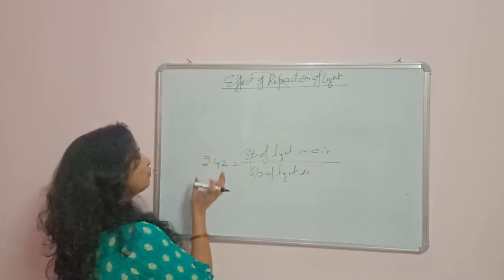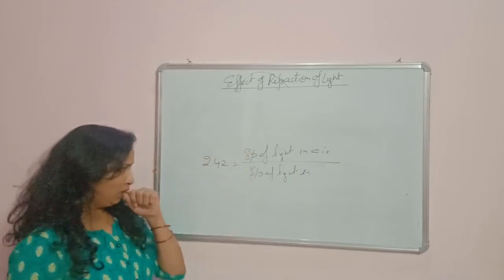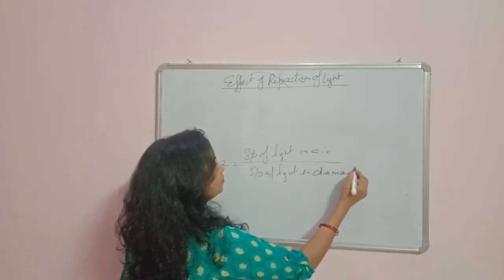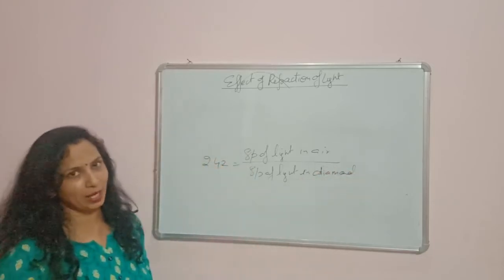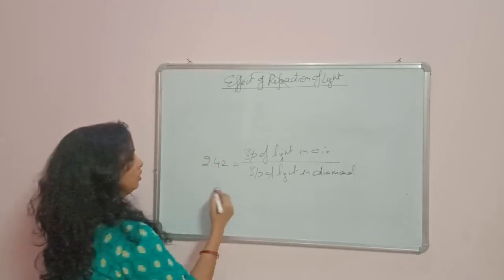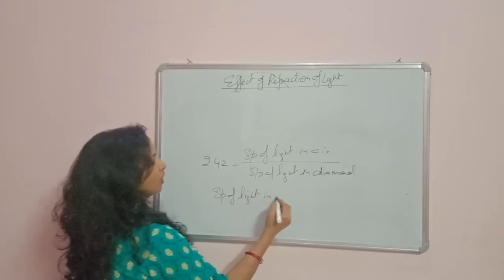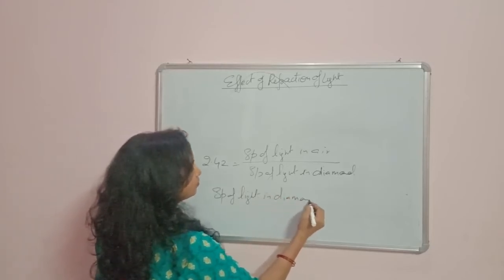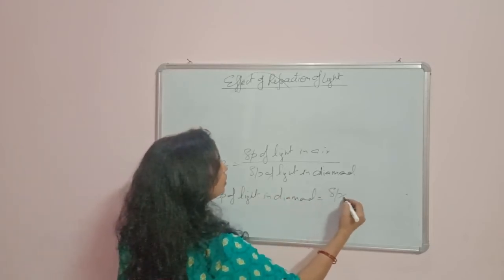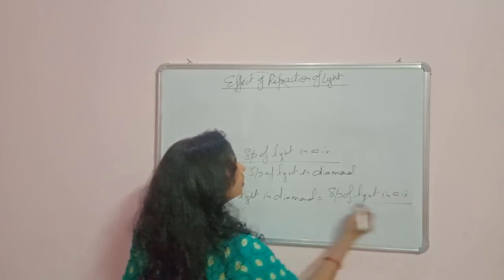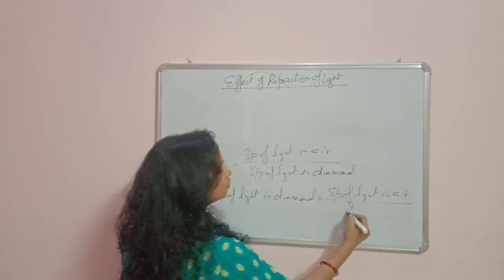So it means that 2.42 is equal to the speed of light in air upon the speed of light in diamond. Now the speed of light in diamond is equal to the speed of light in air upon 2.42.